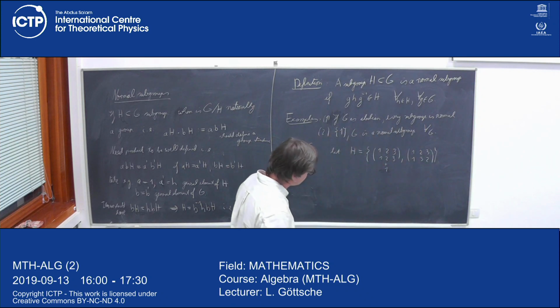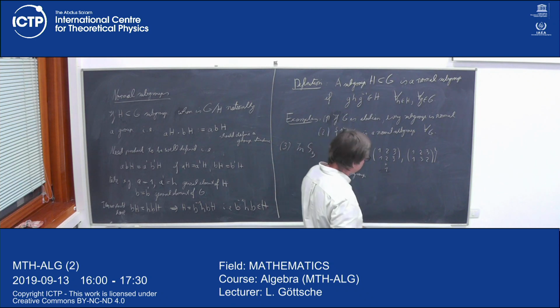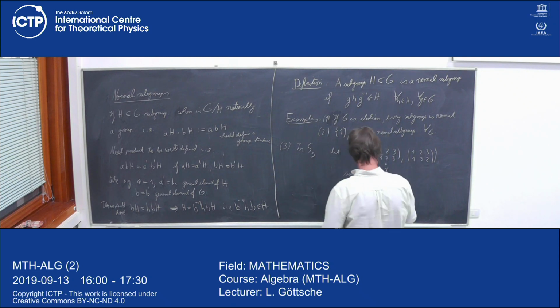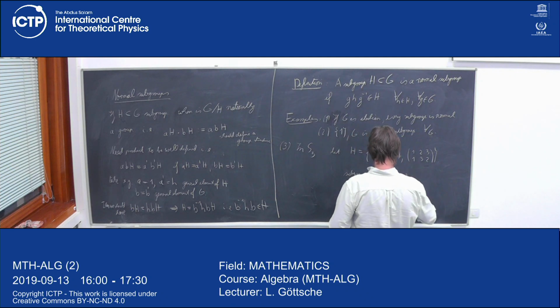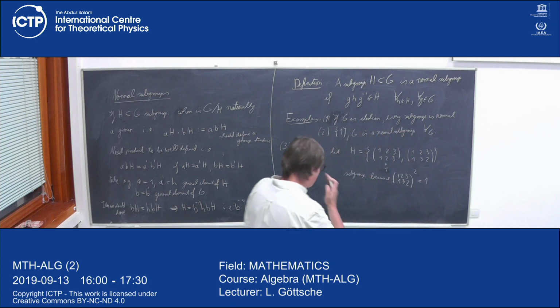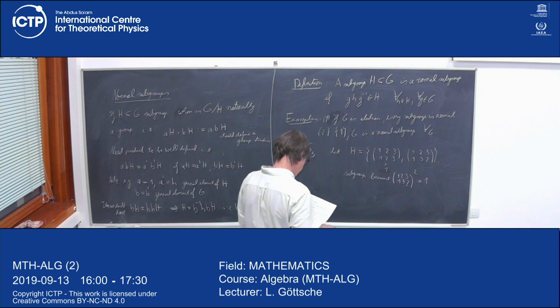This is a subgroup because if you apply this twice, it's the identity. And I claim it's not normal.